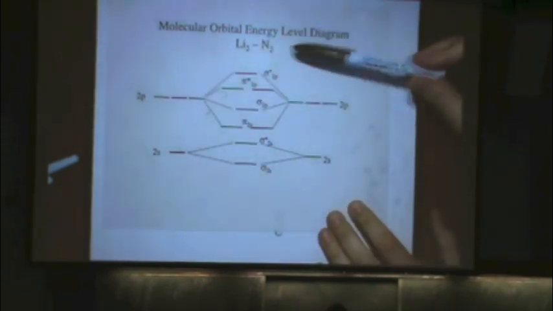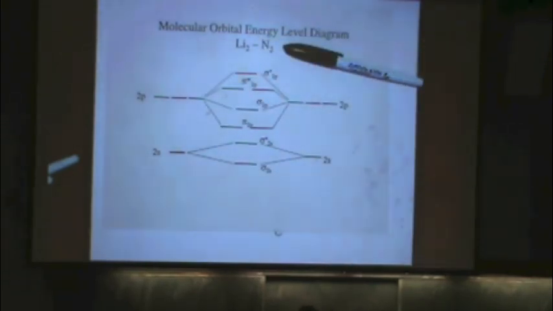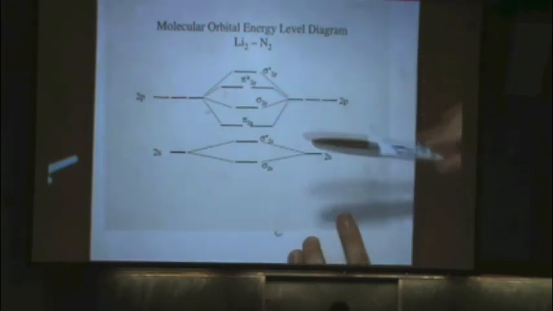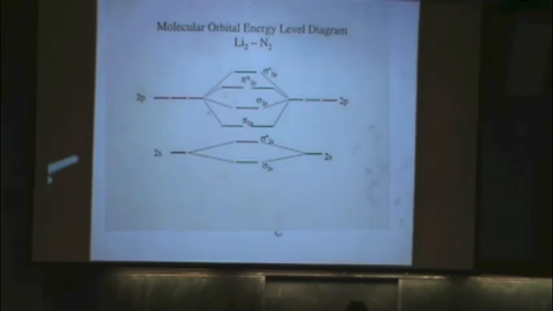This MO diagram works for everything up to nitrogen. When you get past nitrogen, I explain it because of a size issue. Is oxygen larger or smaller than nitrogen? It's smaller, and so there happens to be a change in energy levels once you get to oxygen.